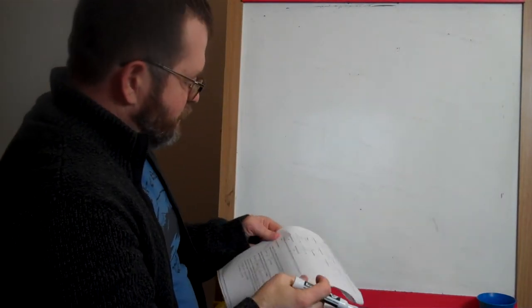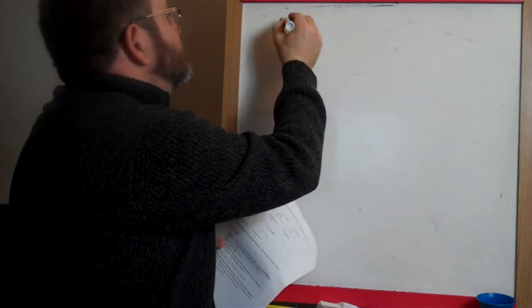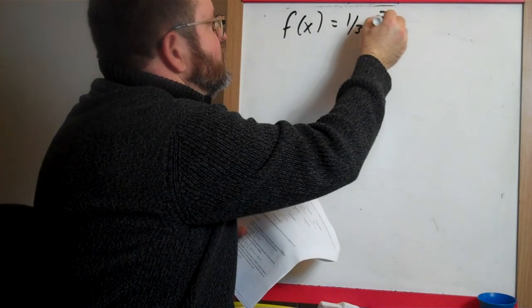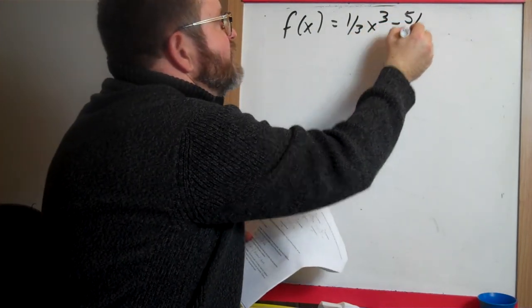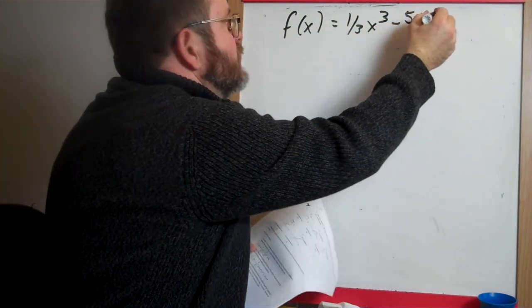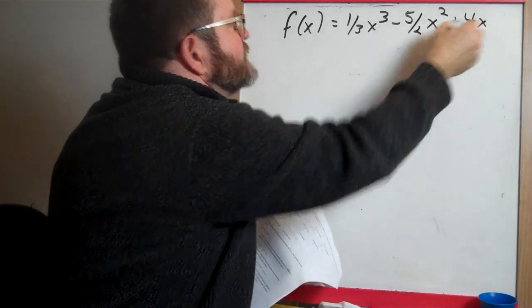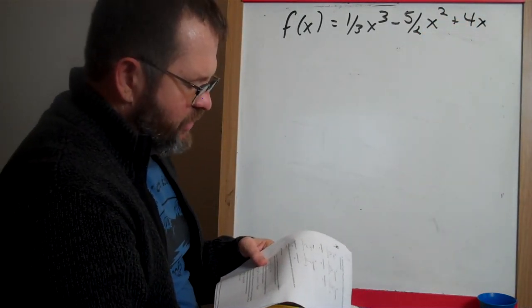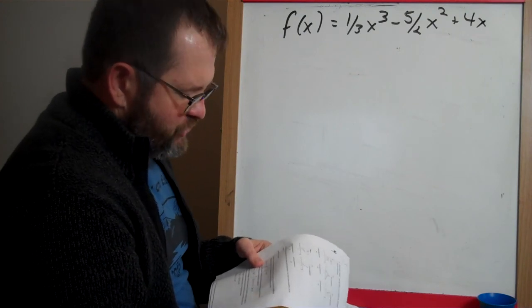So on the bottom of page 4 right there, I have an example. It says f of x is equal to 1/3 x cubed minus 5/2 x squared plus 4x. It says find the critical points and then use Desmos to determine whether it has a local extremum at each of those critical points.